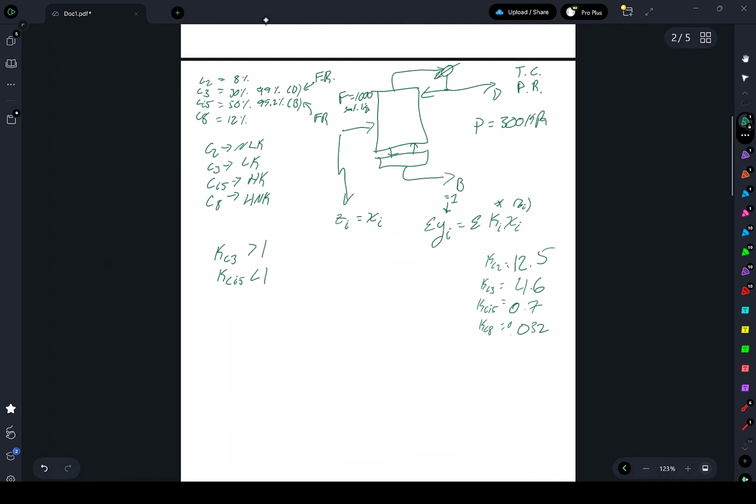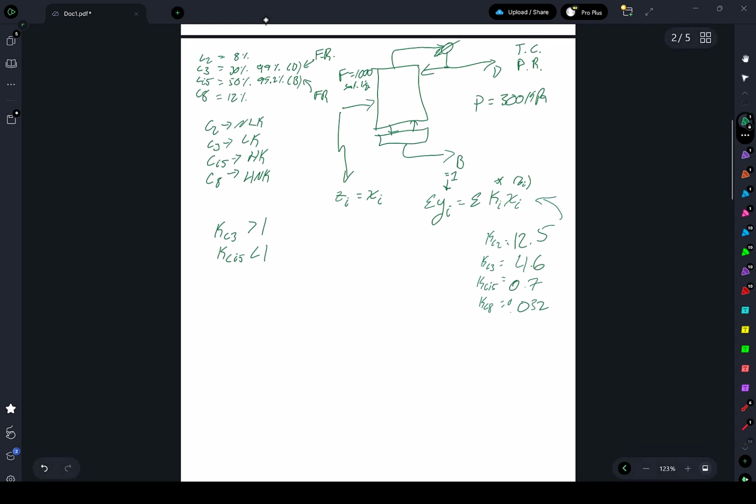Okay, so these are the K values that we got from the DePriester chart using our initial temperature guess. What we need to do is plug these K values in, multiply them by the mole fraction in our feed composition, and check to see if the sum is equal to 1.